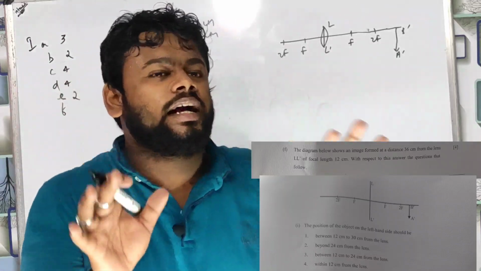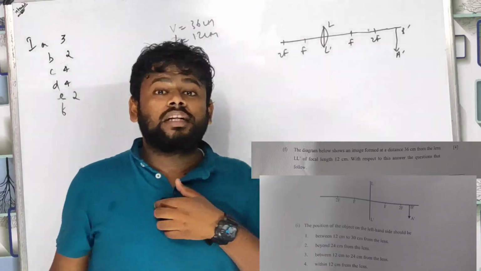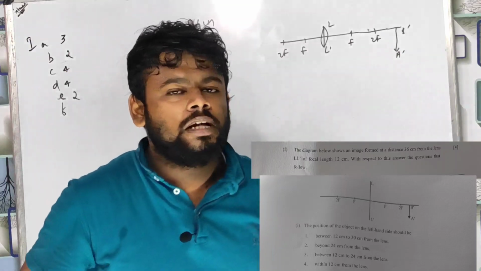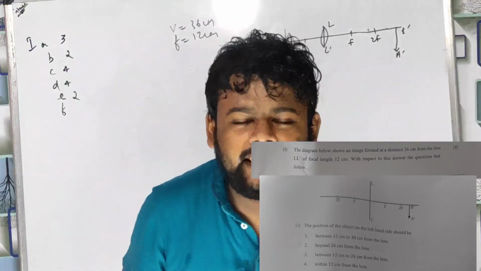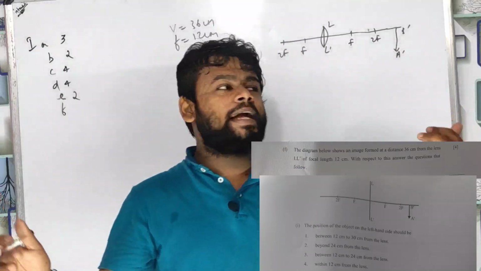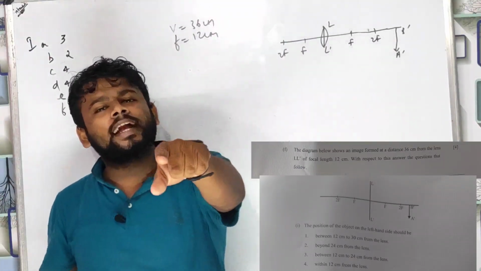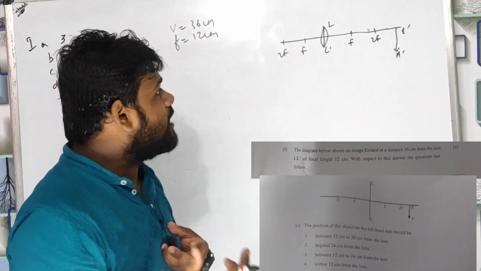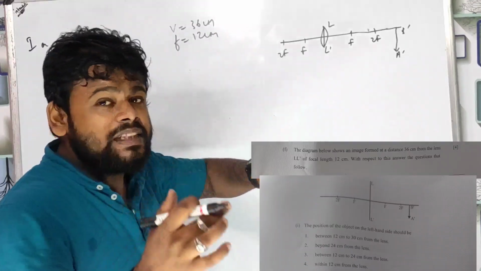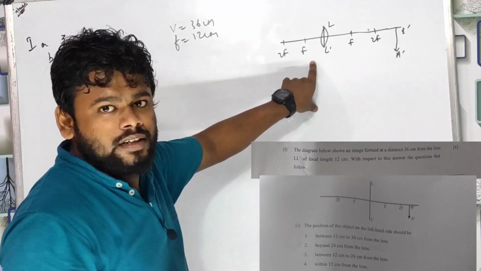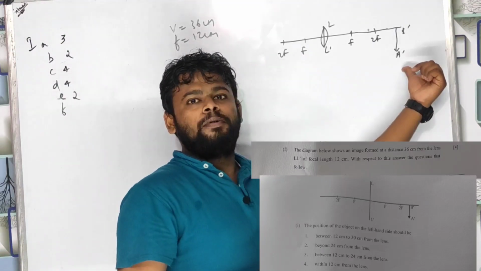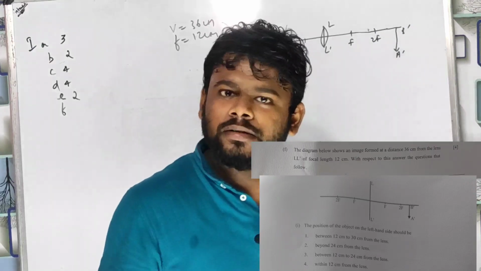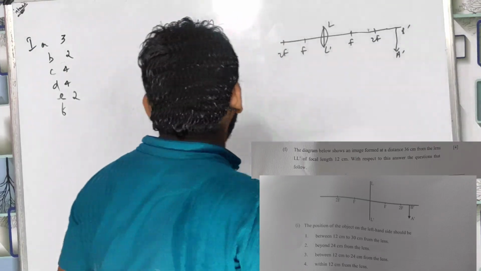Where should we keep the object so that the image forms beyond 2F? Imagine, logic, practice. If you have done random practice then you can do this. Obviously we imagine that if we keep the object between 2F and F, the image will form beyond 2F. If the logic was not understood, let me tell you another logic.